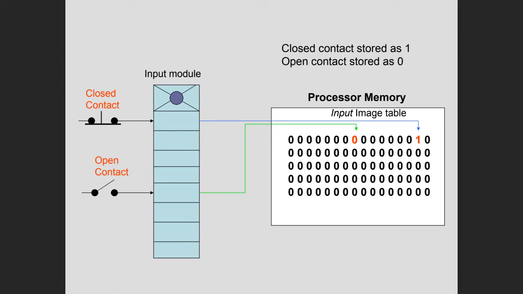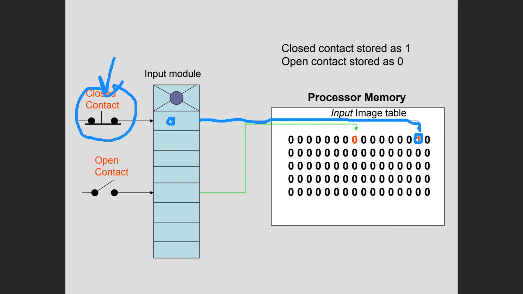If you examine this closely, if you zoom in on it, you'll see that right here I have this button, and the button is closed. It's connected to this screw terminal that I'm not showing you. What this blue line is showing you is that it maps in memory to a location in that input image table. And it's storing a 1, and the reason it's storing a 1 is because that button right there is closed.